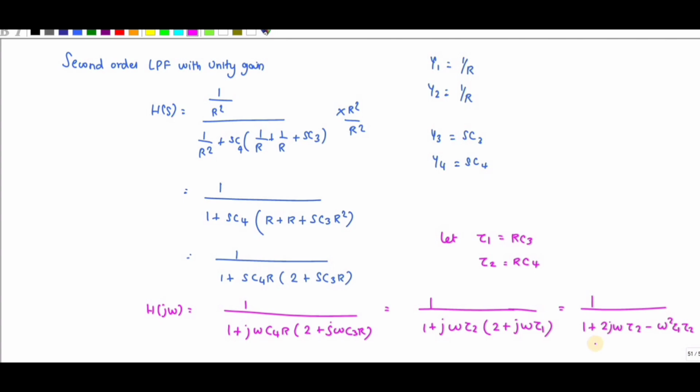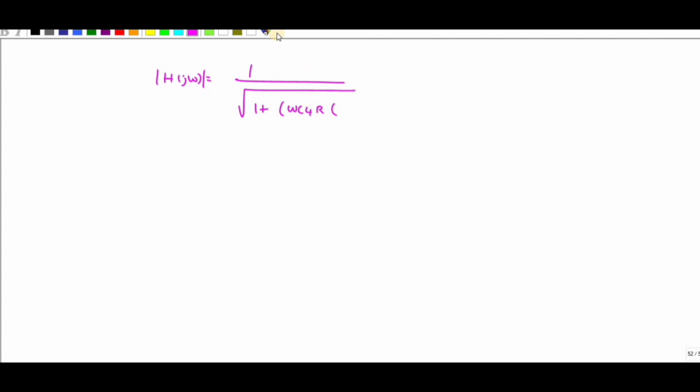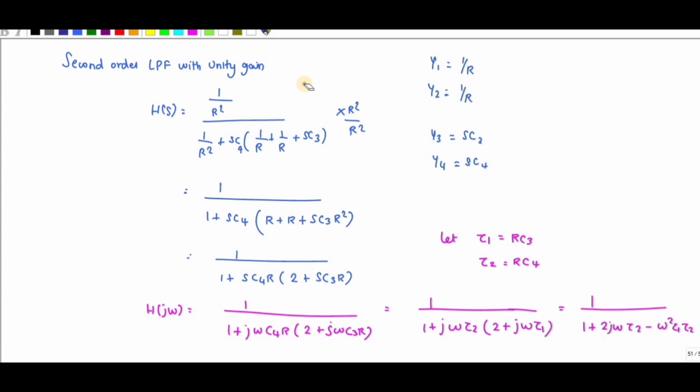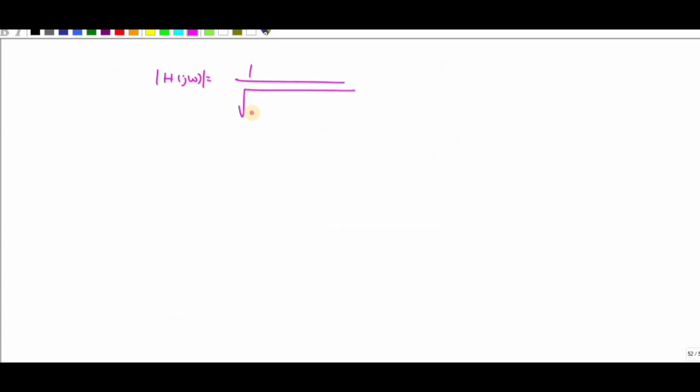So if I take the magnitude of this value, I will get root of 1 minus omega square tau 1 tau 2 the whole square plus 2 omega tau.